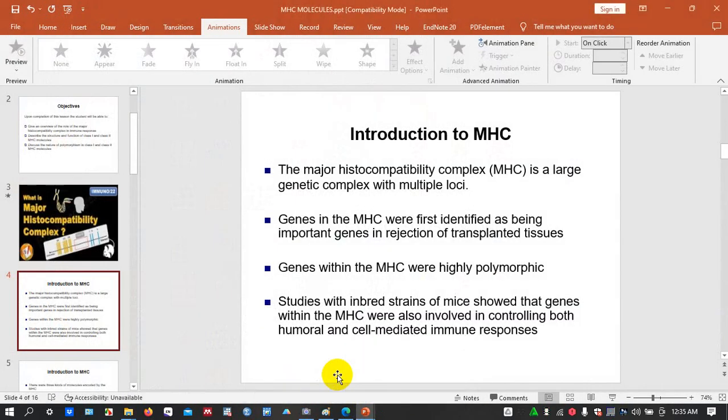Okay, so the major histocompatibility complex is a large genetic complex with multiple loci.